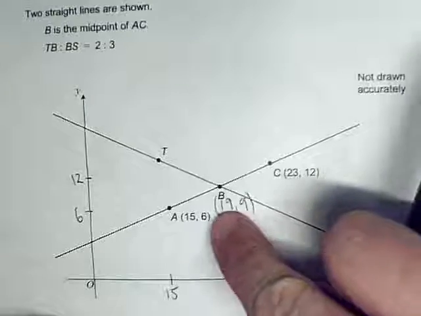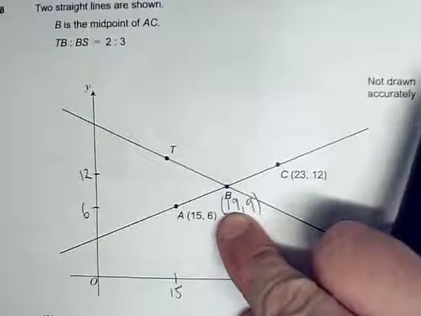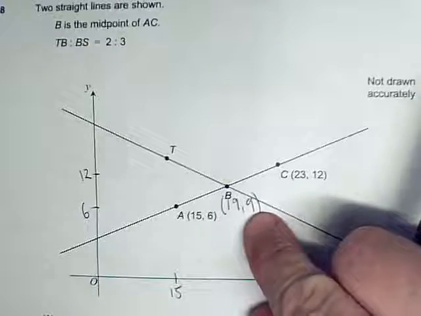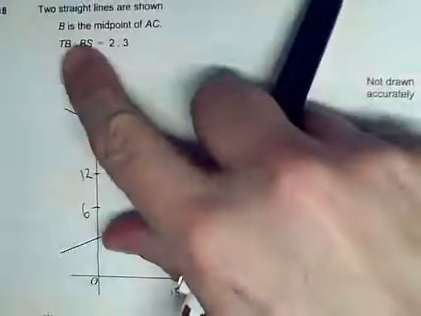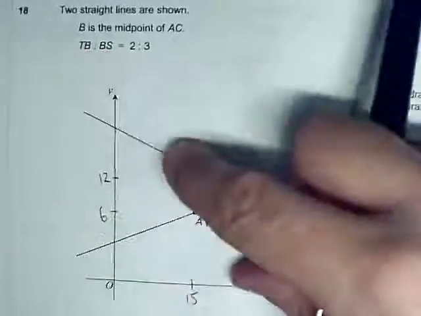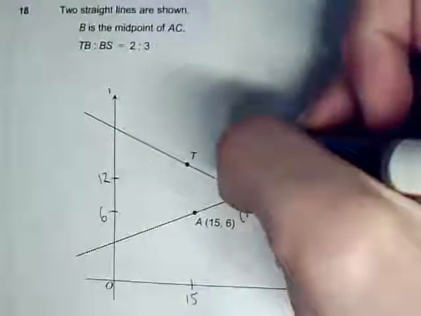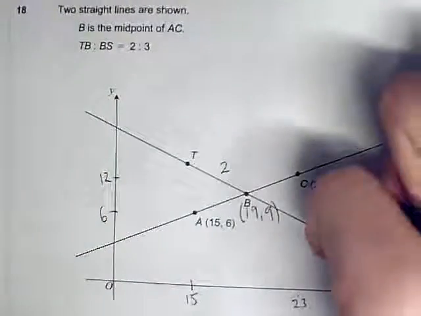So this is the first stage. So we've worked out the midpoint. It's 19, 9. And the next part of the question says the ratio of T to B is 2 to 3.